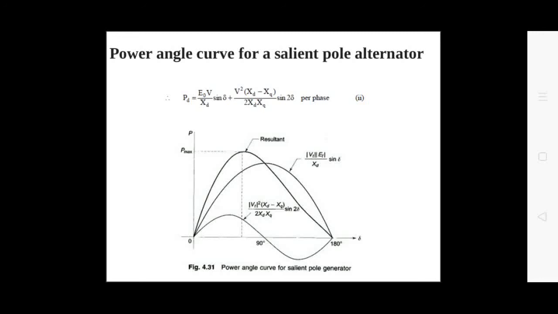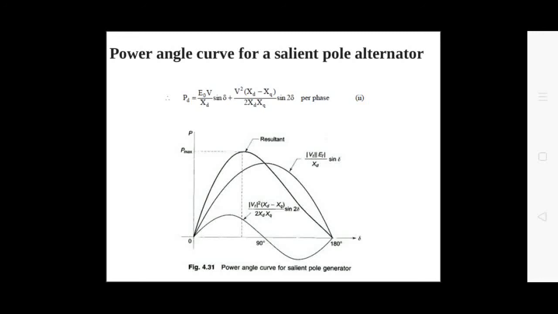If you take the resultant, you can see the maximum value or maximum power output occurs at an angle less than 90 degrees. That means the maximum power output for a salient pole alternator occurs at delta approximately equal to 70 degrees.